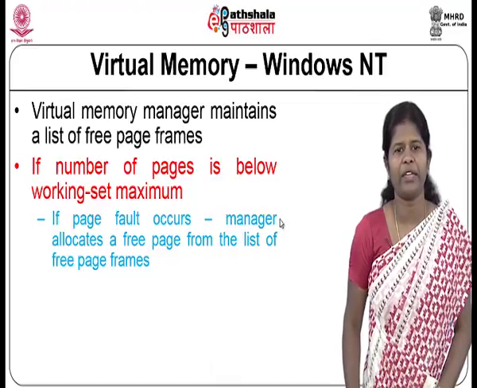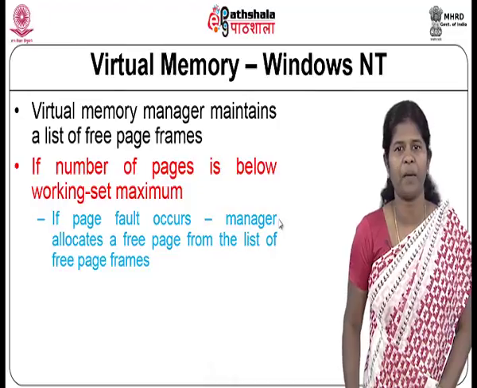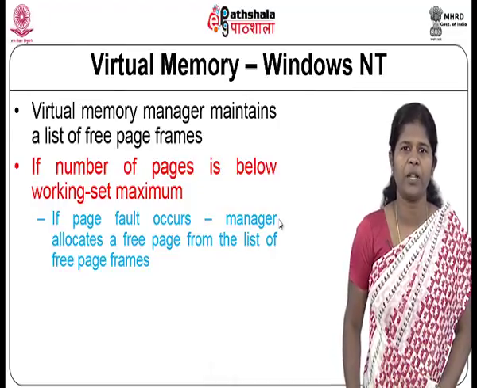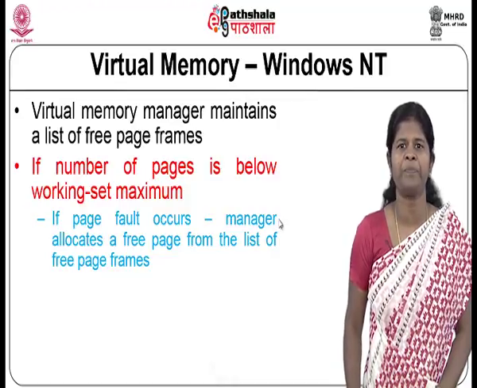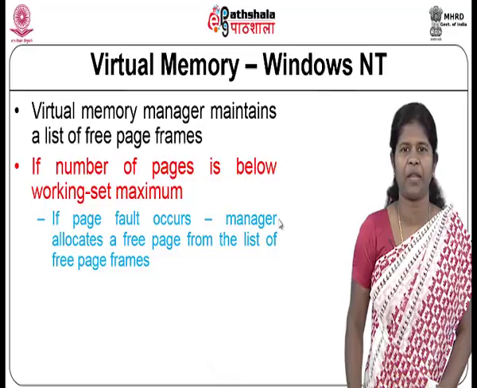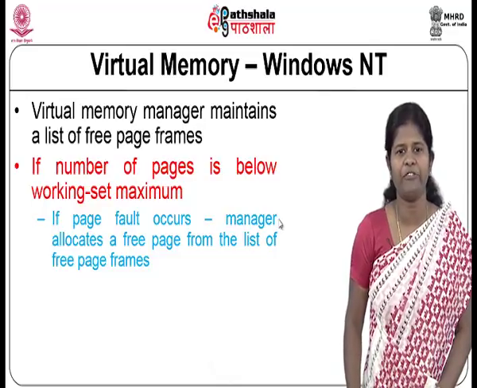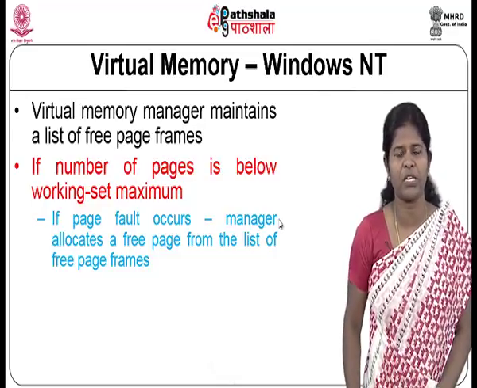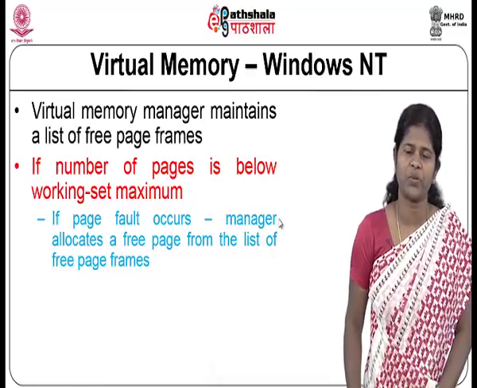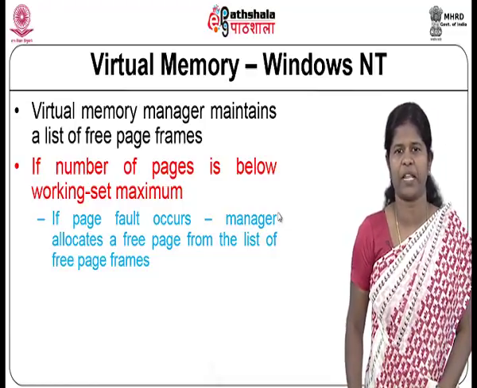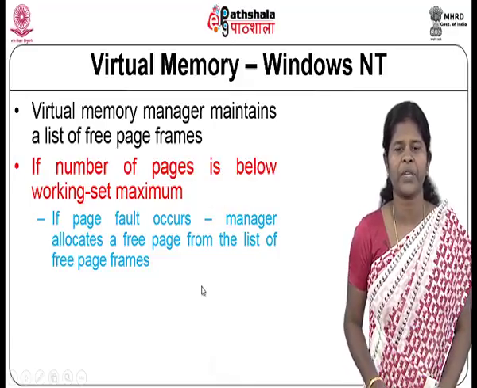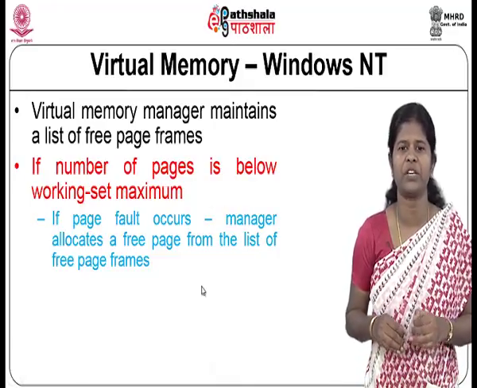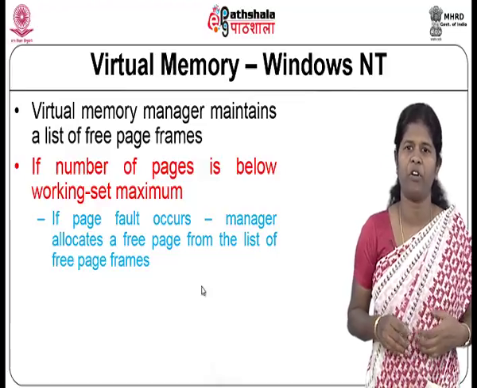Now, if the number of pages for a particular process goes below the working set maximum, as I told you in the example, say 20 is the maximum number of pages that can be assigned to a process, and that process has fewer than 20 physical frames in the physical memory, and now a page fault occurs for that process, this virtual memory manager will allocate a free page from the list of free page frames for this process.